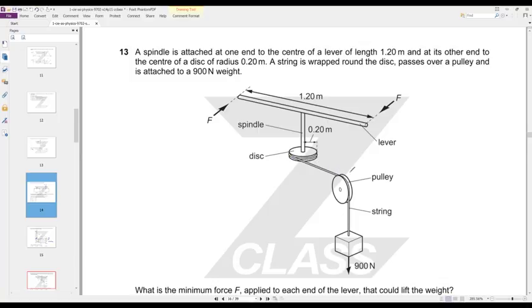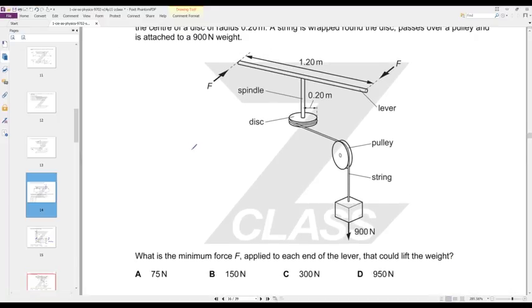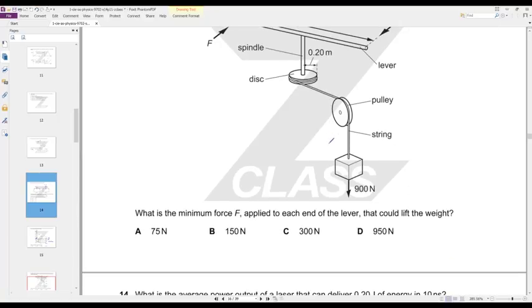This is just a right angle pulley, which doesn't change the force in any way, so that force coming out of the disc needs to be 900 newtons, and you can go backwards to work out our force here. Very complicated diagram. It's all still about moments. We're matching moments. That's all we're doing.